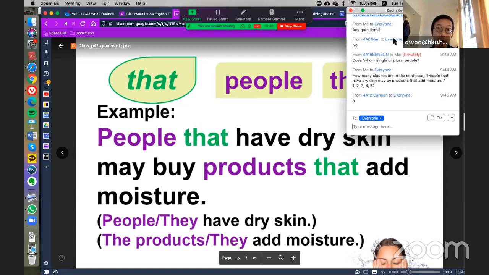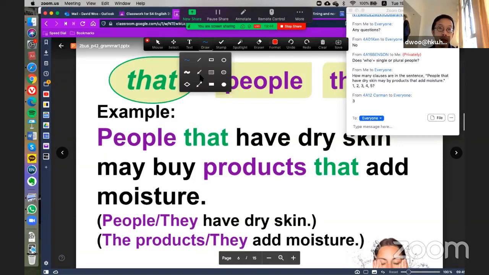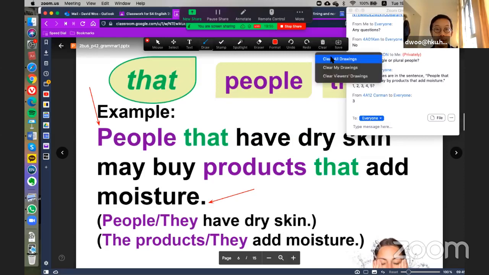There are 3 clauses in this sentence. Now, there's only one sentence, boys and girls, because you see 1 capital letter and 1 full stop. 1 sentence. But there are 3 clauses. So you see, people may buy products.